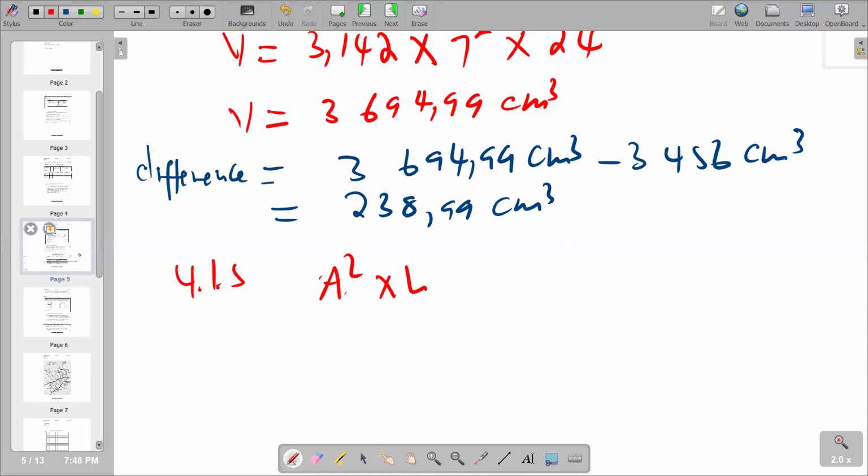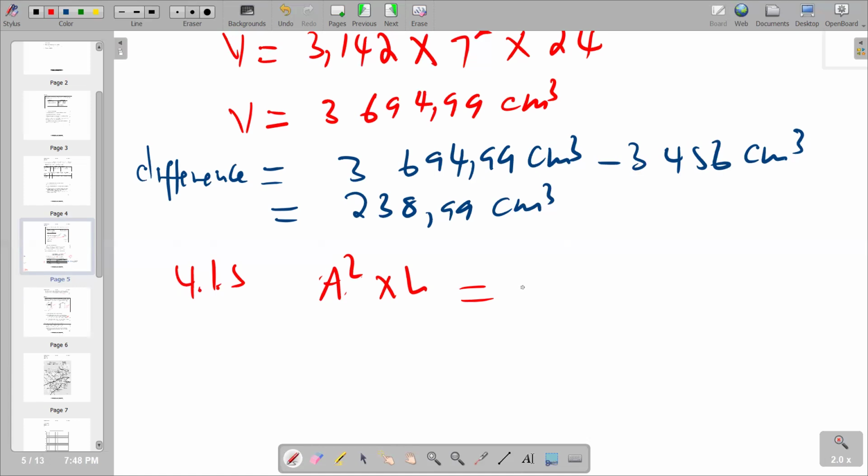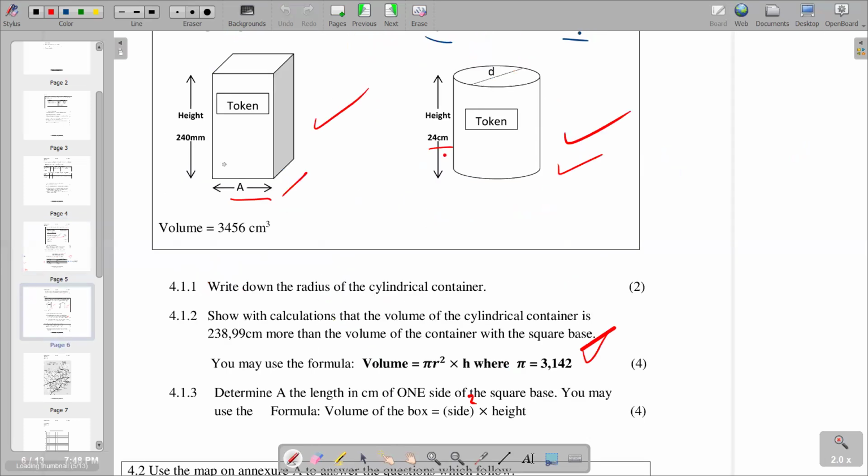And then we are given that the volume is 3,456, so it's equal to 3,456. So basically, we know that our h, we have it. So we are saying a squared times our h, which we can check according to the information that we have.